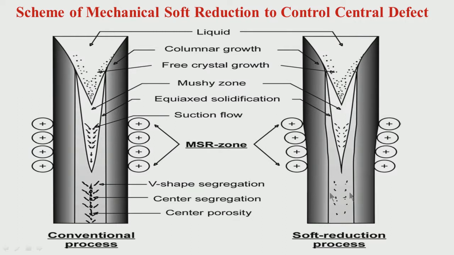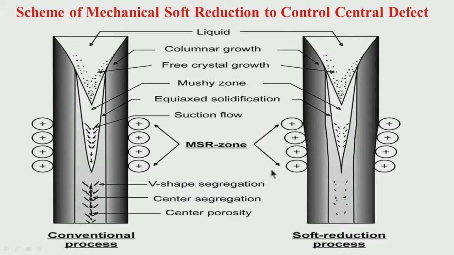And if you put mechanical soft reduction after solidification has been completed, again it will be of no use, rather it might create some crack in the solid shell. So, what is important is to identify the optimum zone where you have to put mechanical soft reduction.